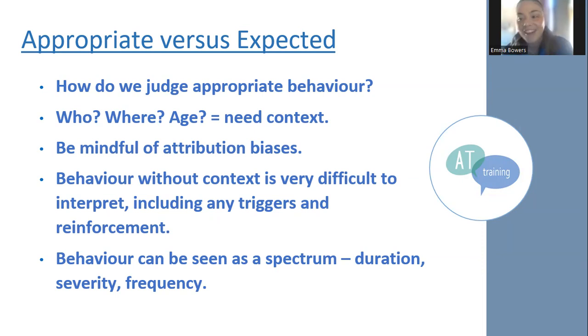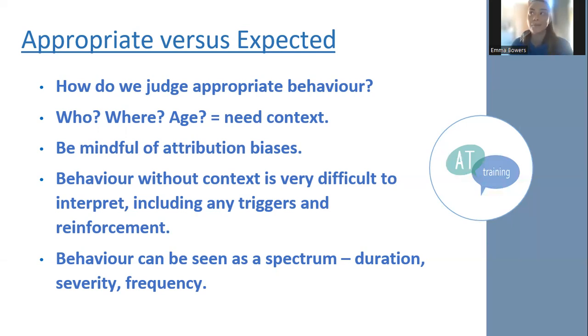Okay, so another resource that I regularly use within my sessions is 5 Against the Law. Within this resource, it shares that a behaviour level, essentially a judgment on behaviour, can change depending on 3 factors: who you're with, where you are, and how old you are.